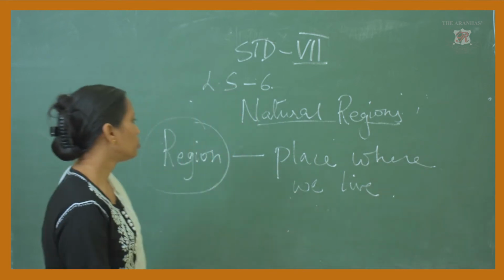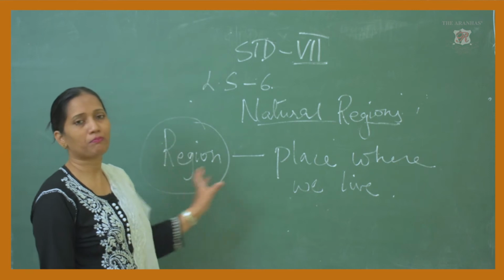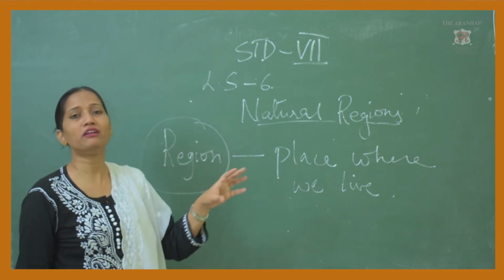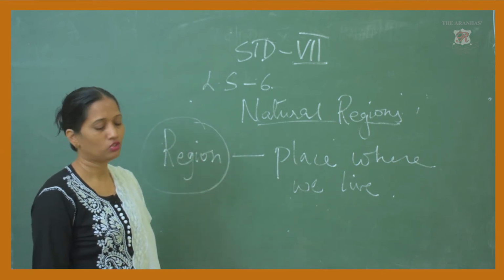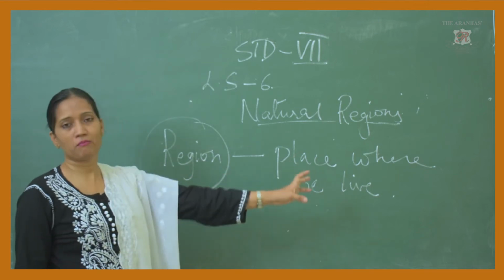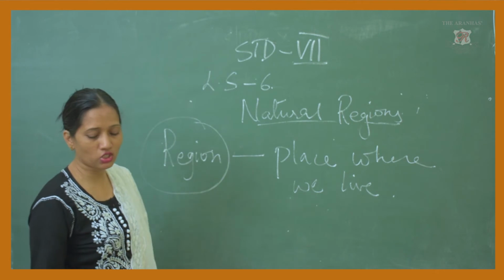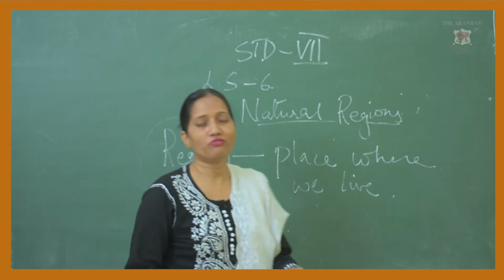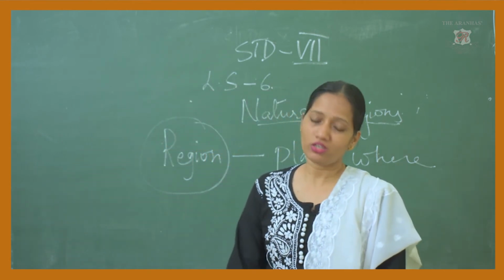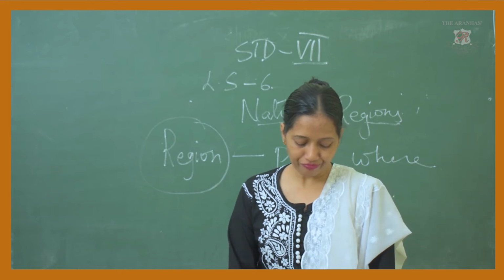Am I right? But then those lands are also given different names. So a region is a place where we live, and names are given to such regions. So let's get on with that and we'll see what it is all about.